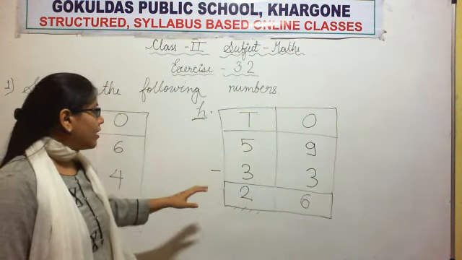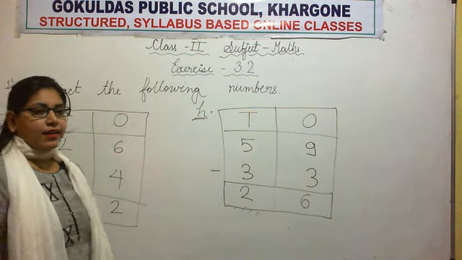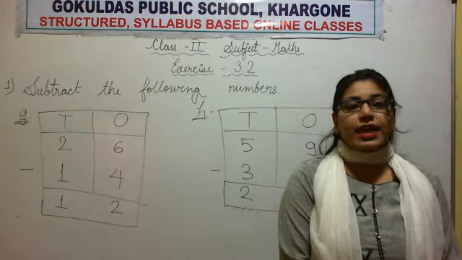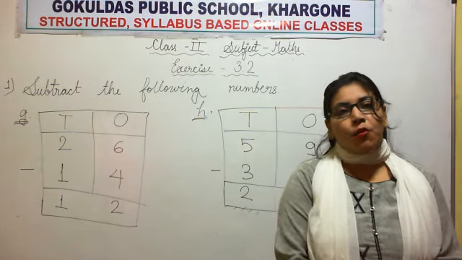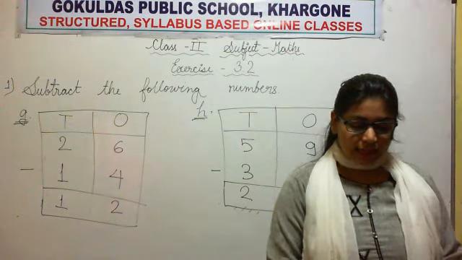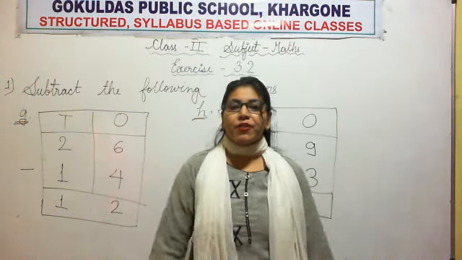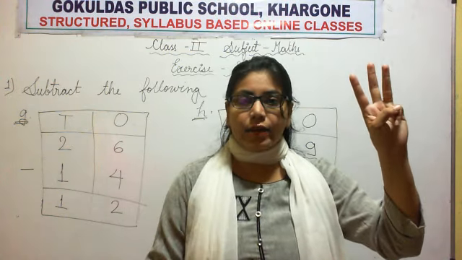Now I hope you all understand how to do it. We have done all the parts of question number 1, exercise 3.2. Now I hope you all are getting how to do subtraction. We have learned 3 methods till date.